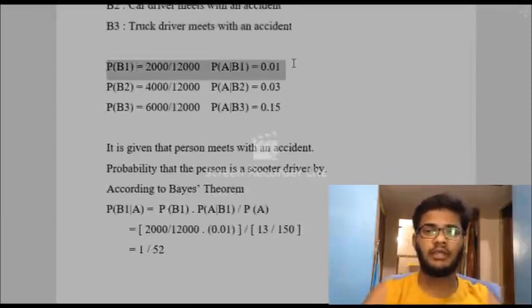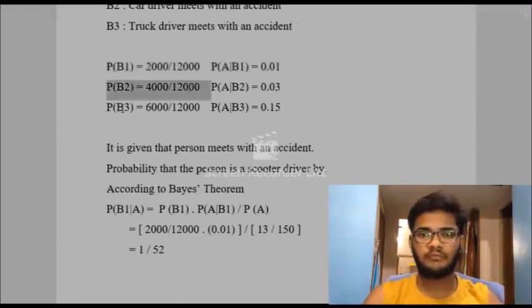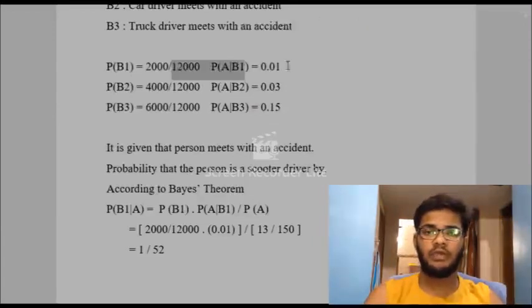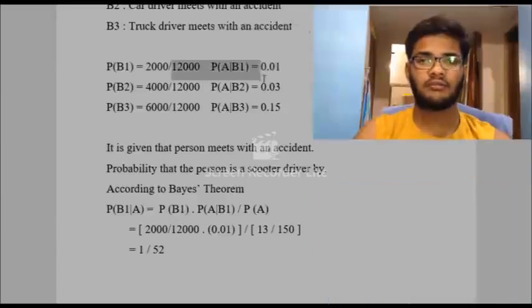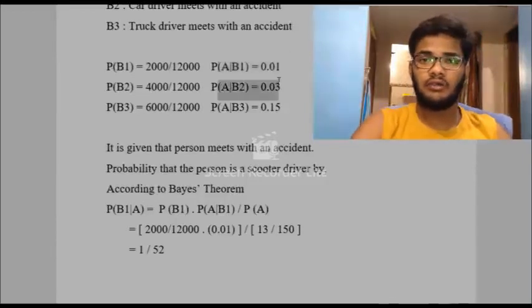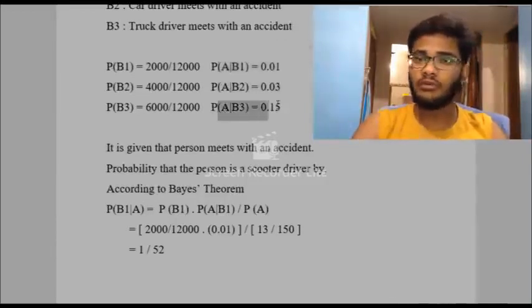P of B1, P of B2, P of B3 and P of A given B1, P of A given B2 and P of A given B3 remain the same. Here the question asked is: what is the probability that a person who meets with an accident is a scooter driver?